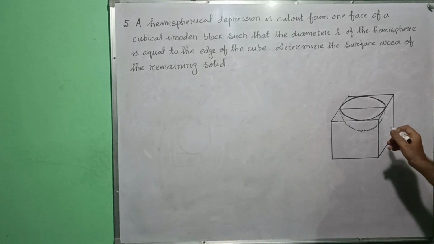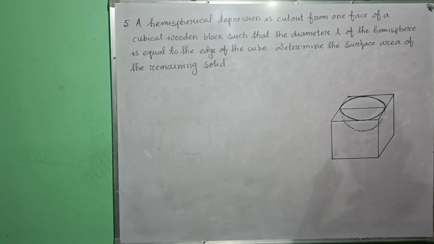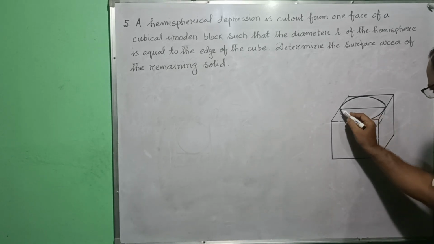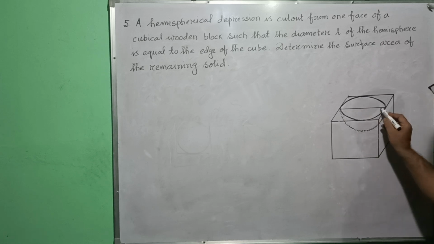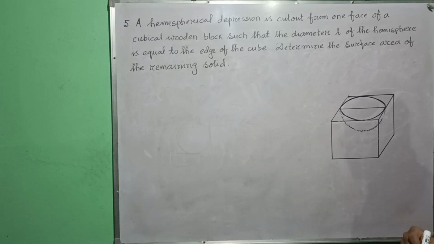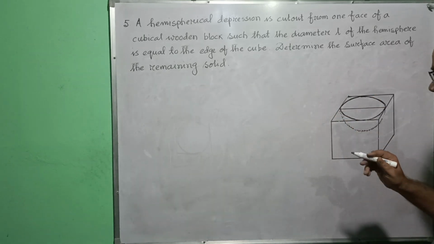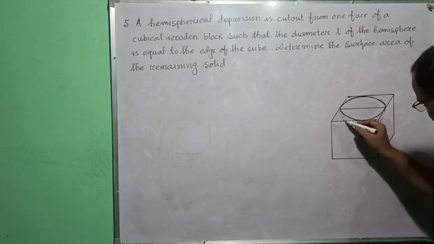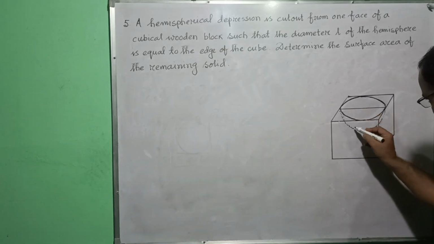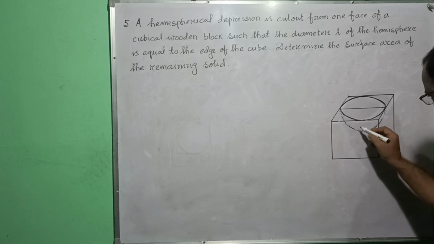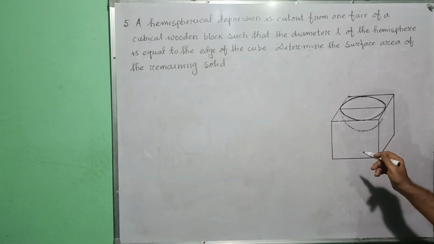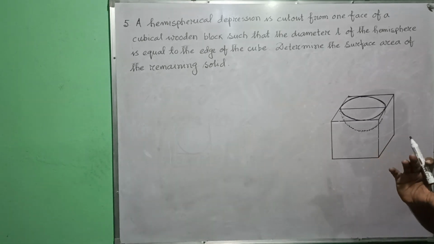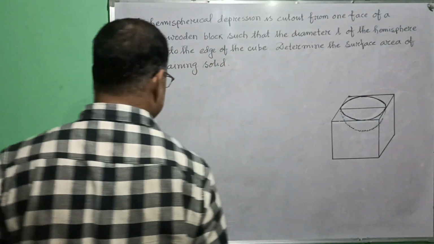Now, from this figure, we can see that this is the diameter of the hemispherical depression, and this is equal to the edge of the cube. According to the question, it is given. Now, what is the remaining part? After cutting out this hemispherical part, we can think about how it looks. So, we have to find the surface area of this remaining part.